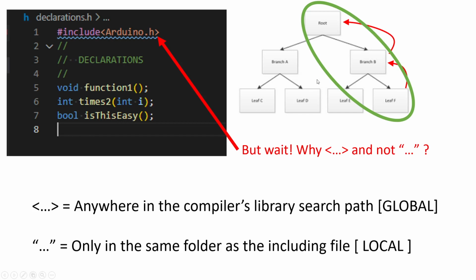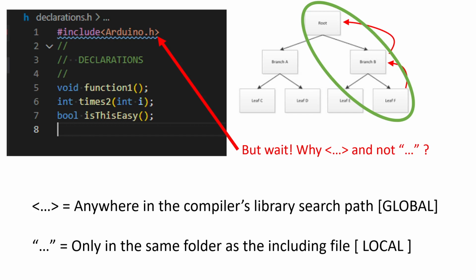The brackets mean search for this library anywhere in the compiler's search path. The quotes mean only look for it in the same folder that the file that called it lives in. We may talk another time about why there's a difference there, but if in doubt with your own files, use quotes.